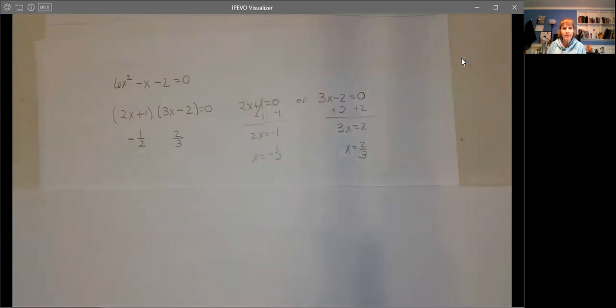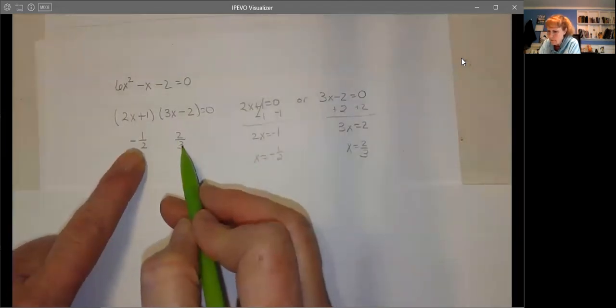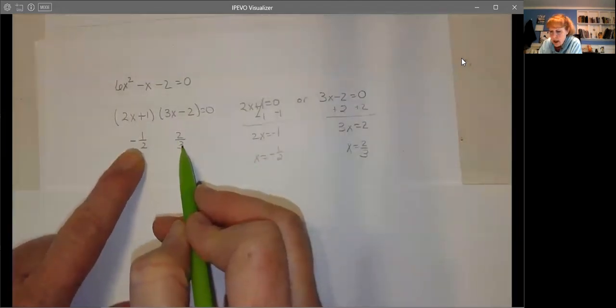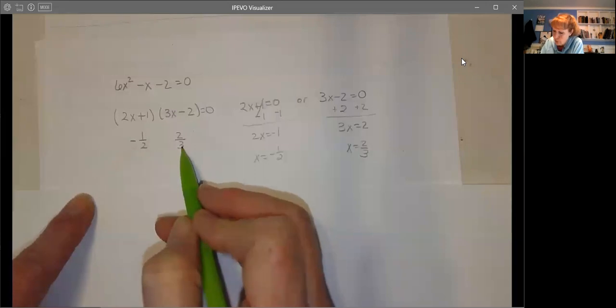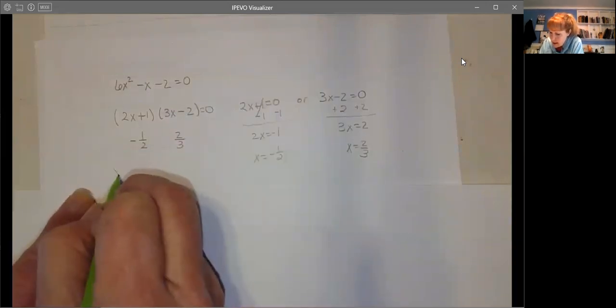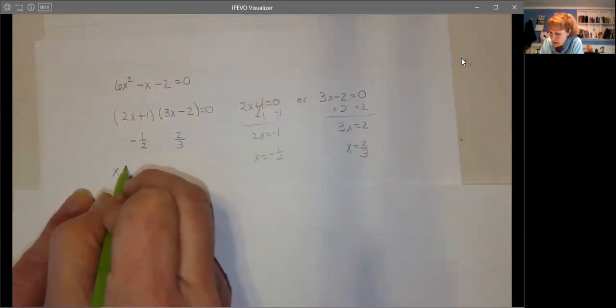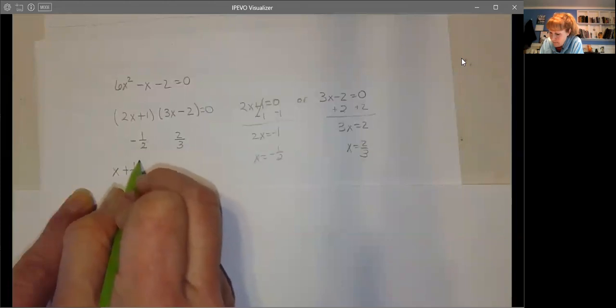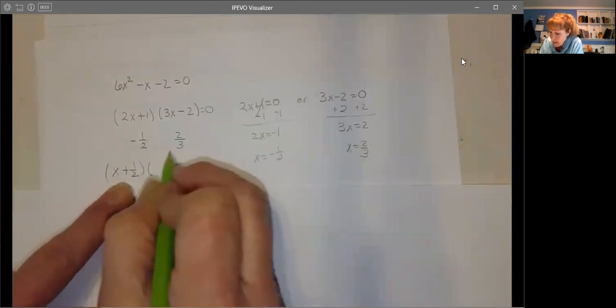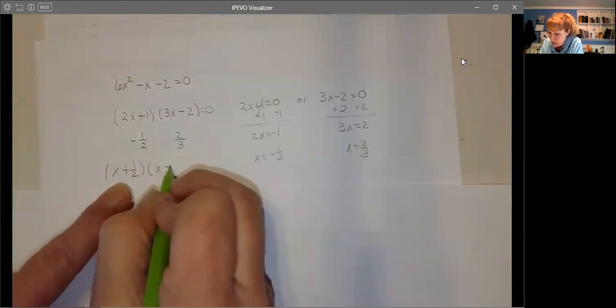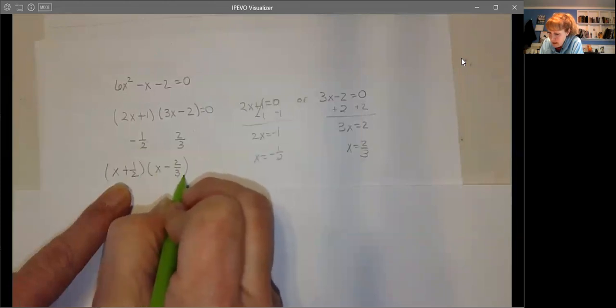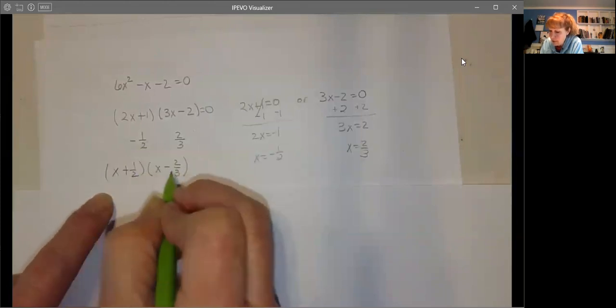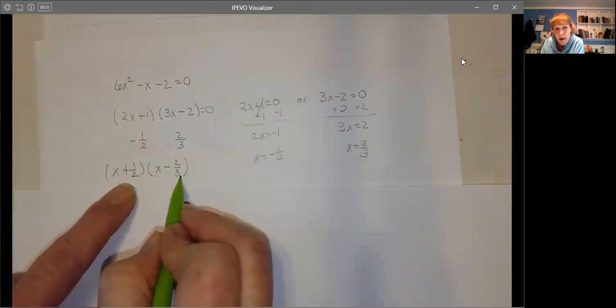Let's look at what happens if I give you fractions. Now, you could, and this is actually what the book does, take this and go x plus 1/2, and they would make this x minus 2/3, and use the FOIL method using these fractions. But that's not as easy.